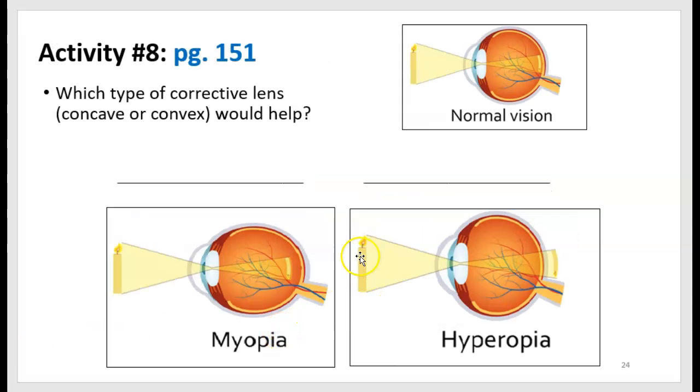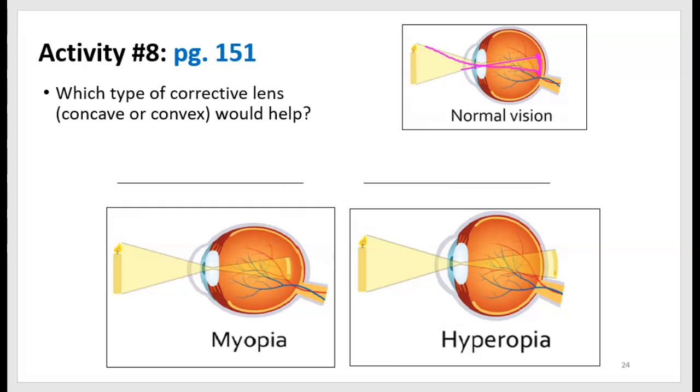Determine corrections for myopia and hyperopia. So in normal vision, we typically have the image forming on the retina at the back of the eye. The lens is the right shape to get convergence where we need it.